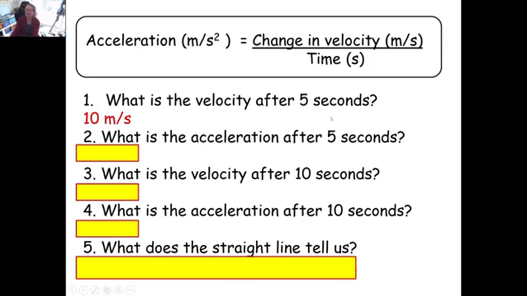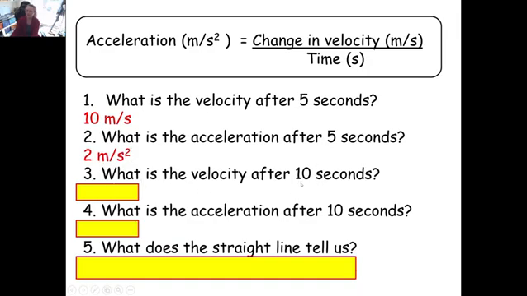So the acceleration after 5 seconds, well, the object went from 0 to 10 meters per second. So the change in velocity is going to be 10 meters per second, and that happened in 5 seconds. So your acceleration is 2 meters per second squared.